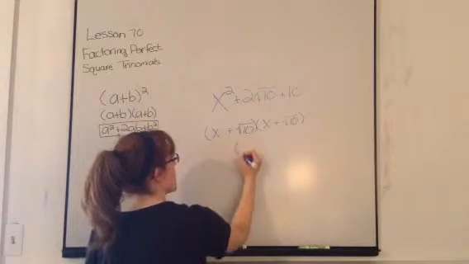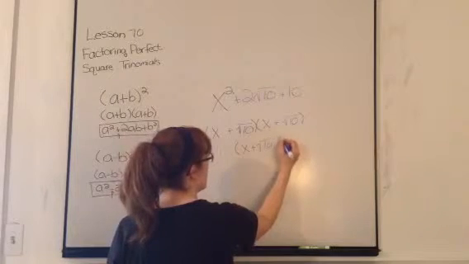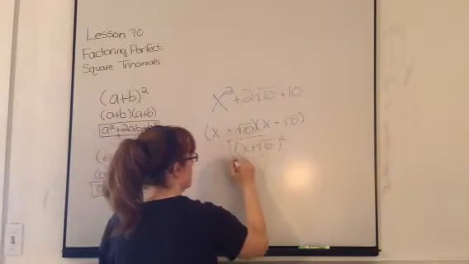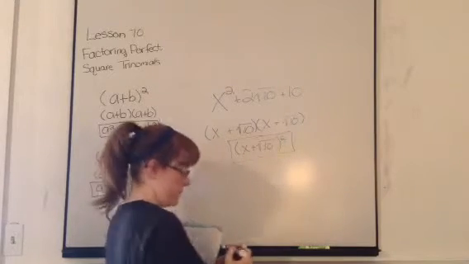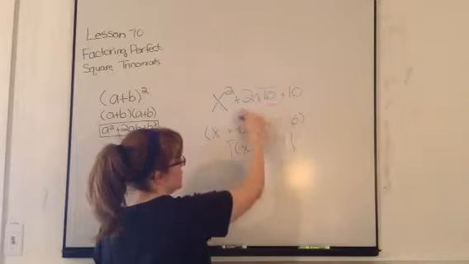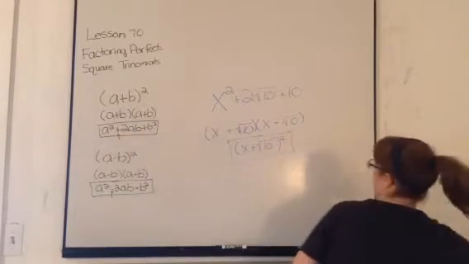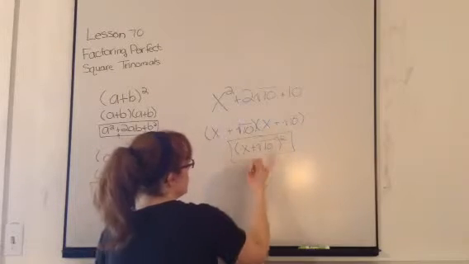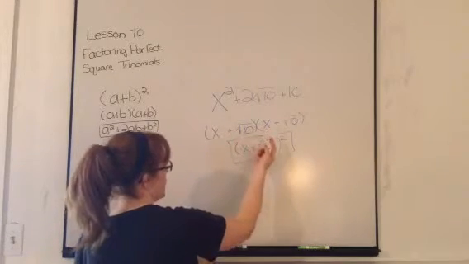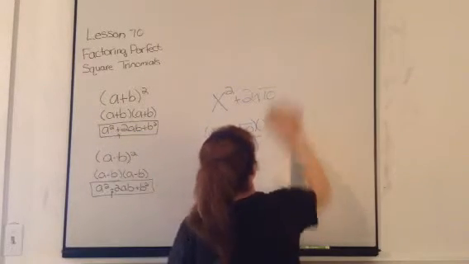So that gives us x plus the square root of 10 squared. And if we were to check, we would have 2 square roots of 10, which is what we have right here. So 2 times 1, which would be a, and then b is the square root of 10, so 2 times the square root of 10 matches.